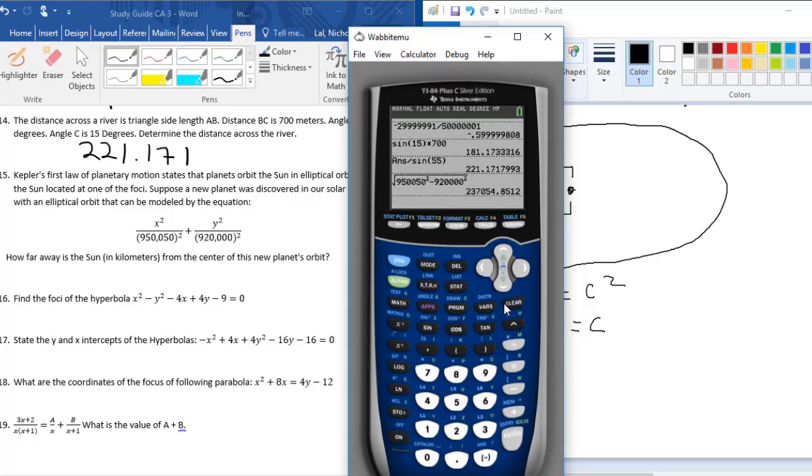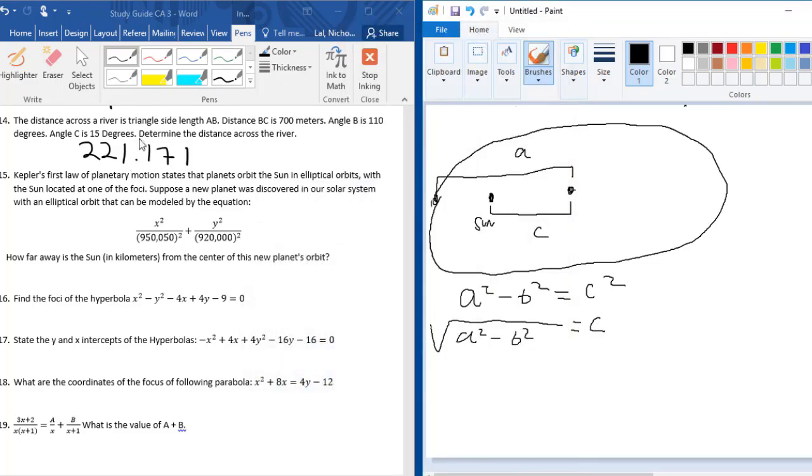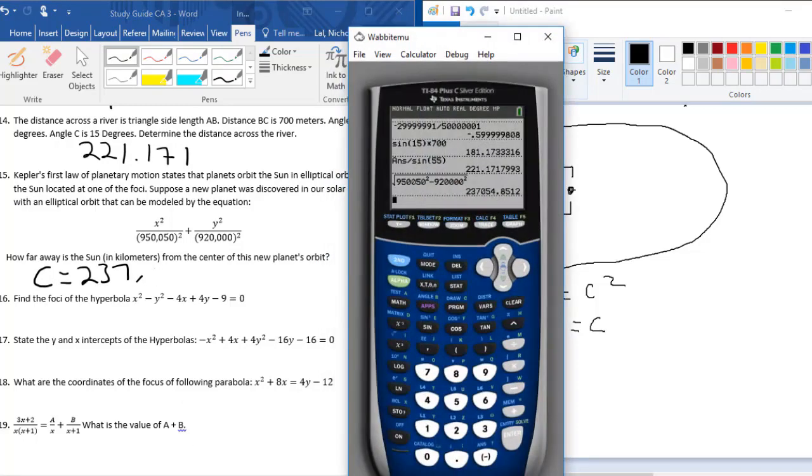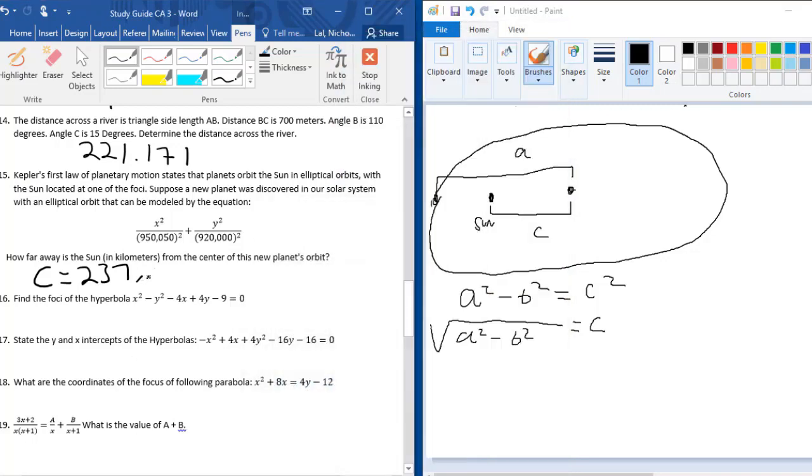And so that's going to be 237,054. So C is equal to 237,054 kilometers from the center of the orbit.